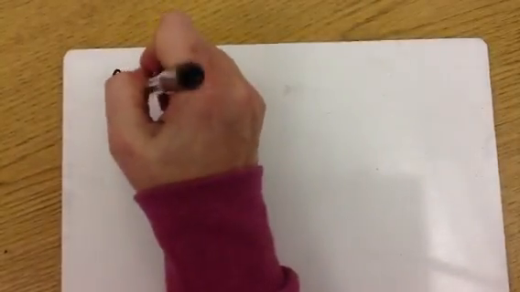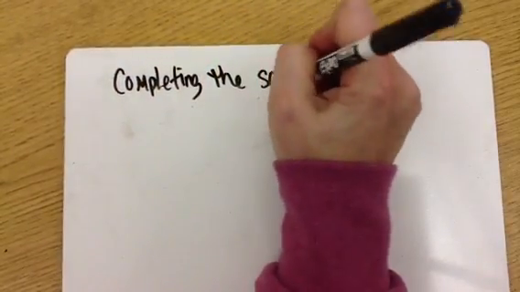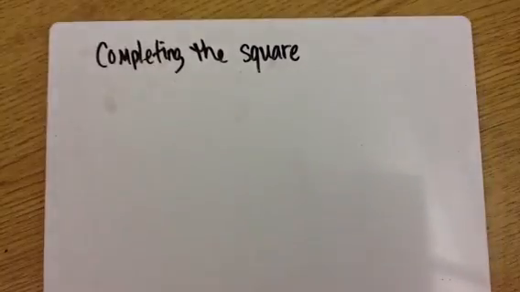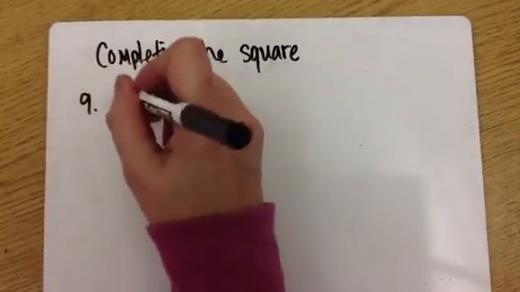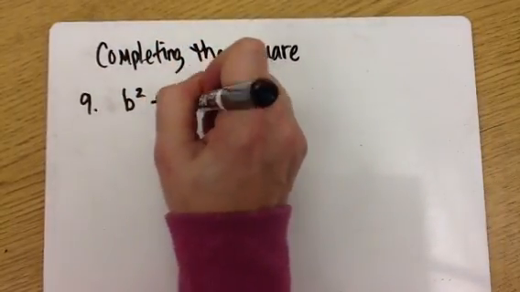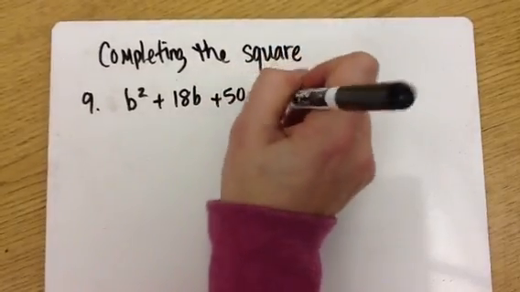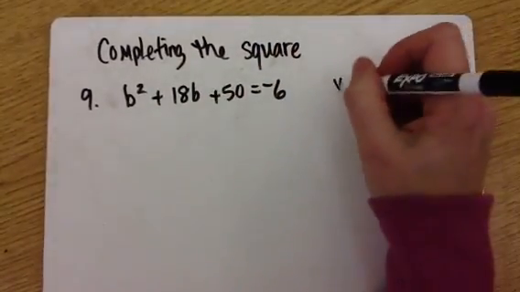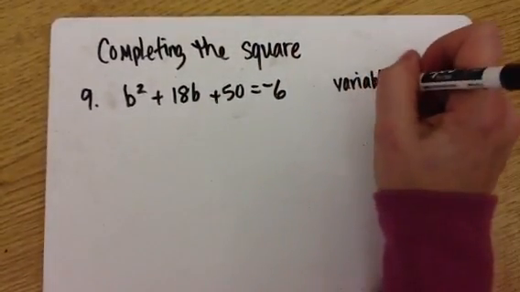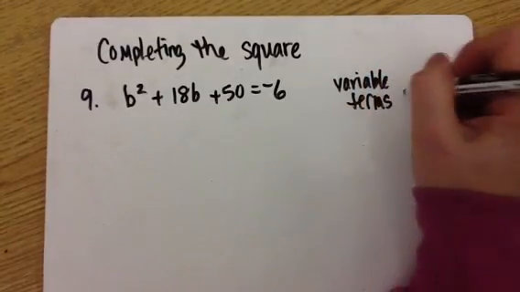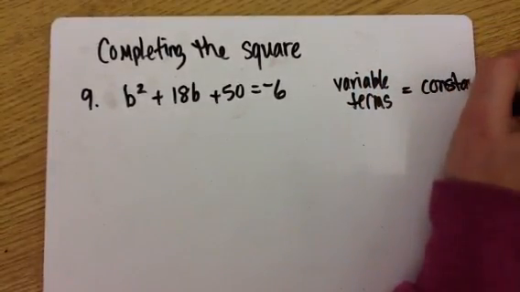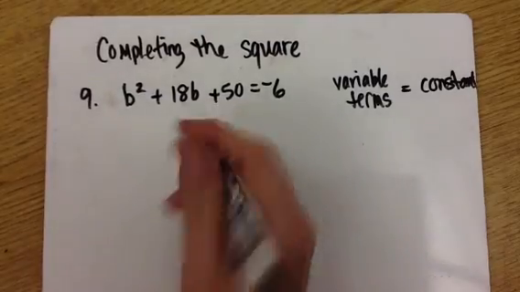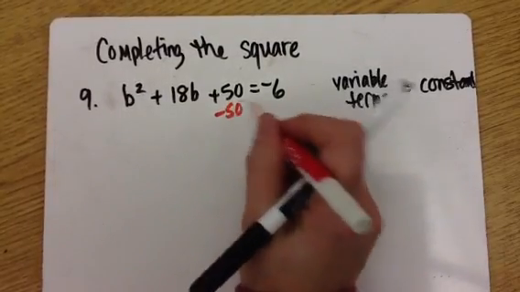The next method that we're going to use is completing the square. So to solve by completing the square, what we want to do is get all the variable terms on one side and the constant term on the other. So we will subtract the 50 over.